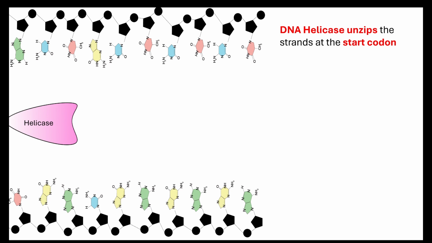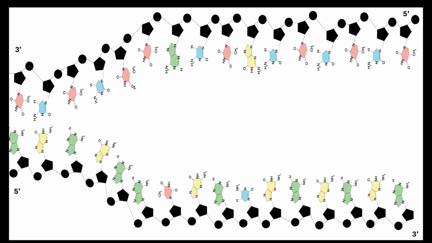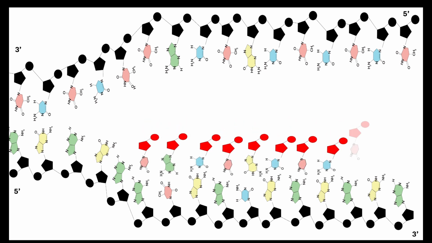It's important that we remember that the genetic code, the triplet code, can actually be referred to as a codon. Once helicase has unzipped the DNA double helix strand, what that then means is free nucleotides.